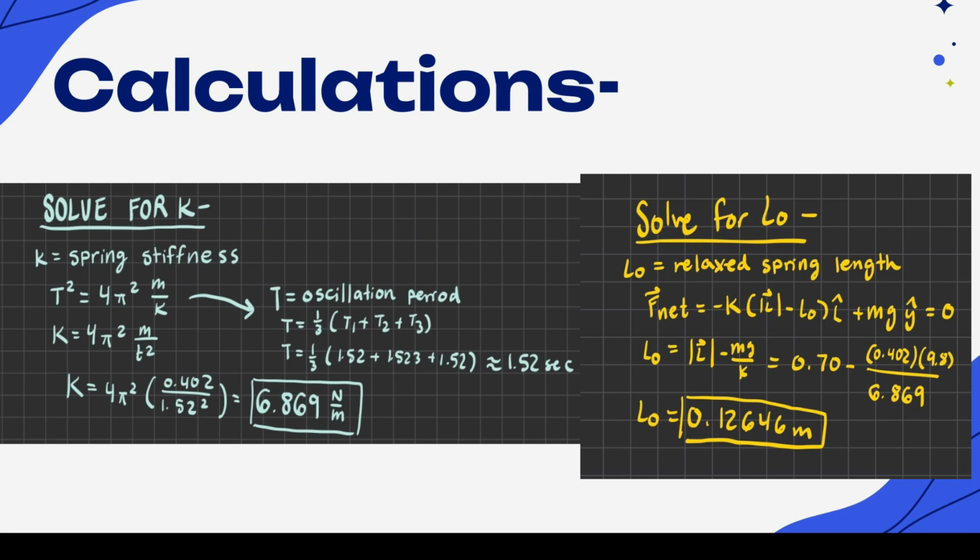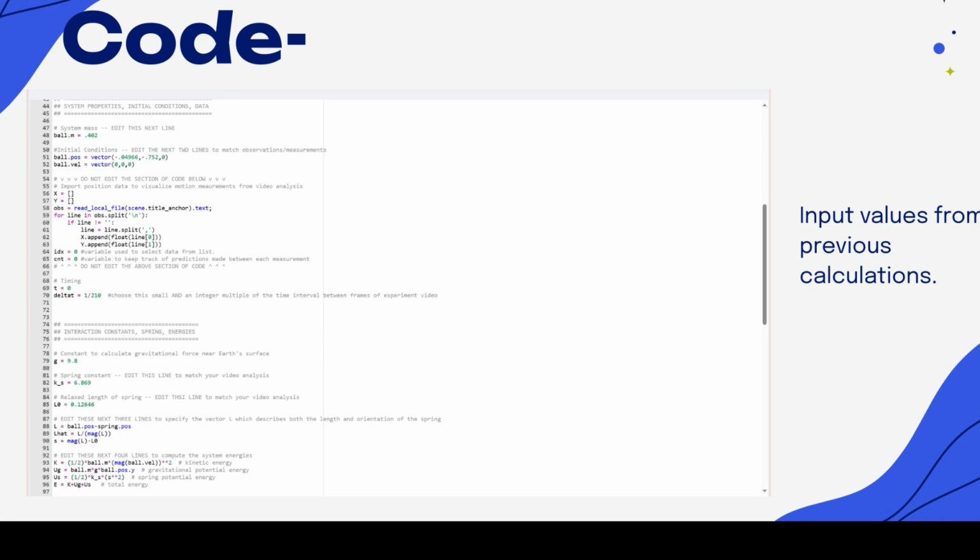And then for L0, which is the relaxed spring length, L naught, we use F net equals negative K times L minus L0 times L hat plus mg y hat. So we can rearrange this to solve for L naught, and we get 0.12646 meters.